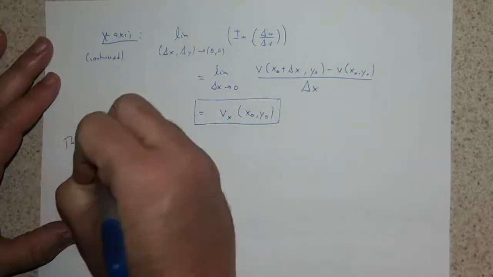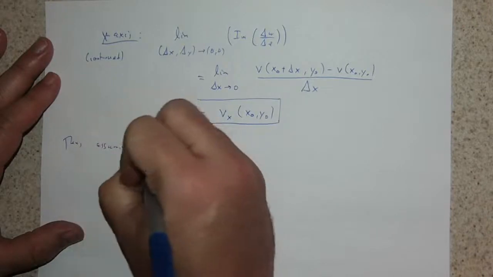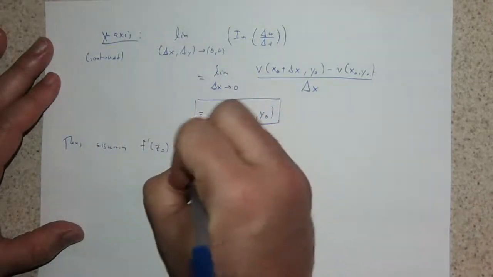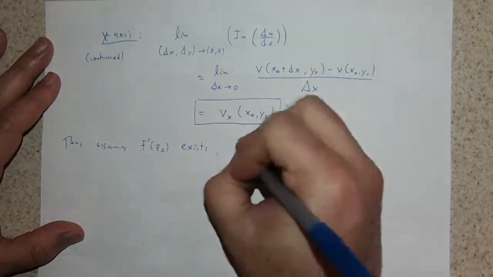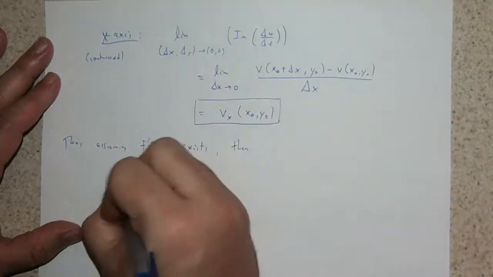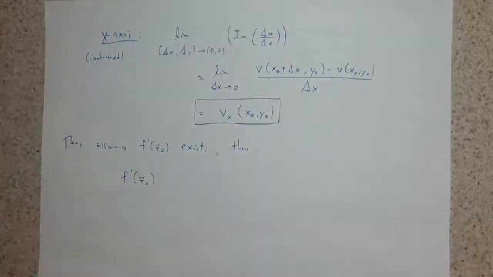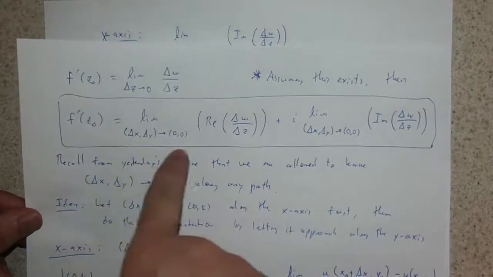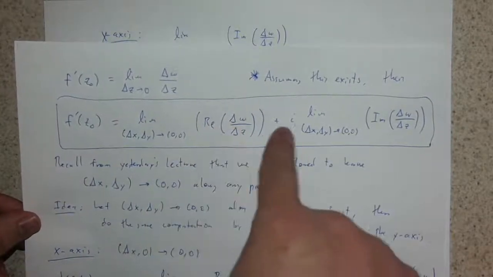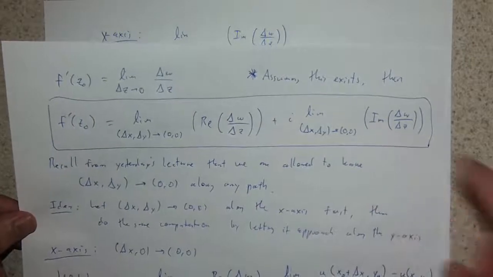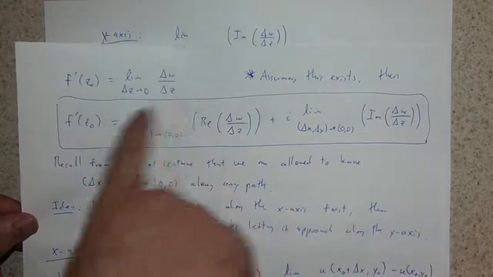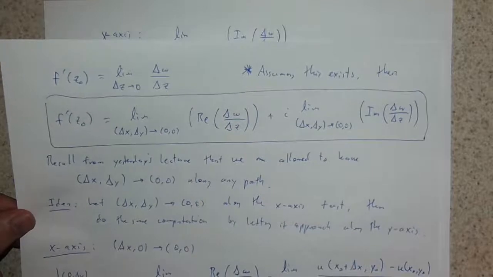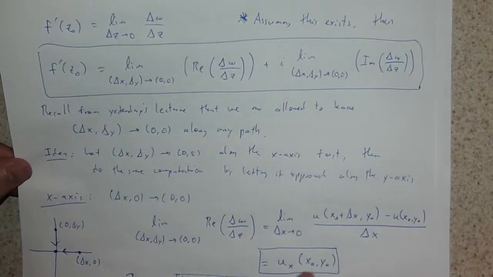Thus, assuming f prime of z naught exists, then f prime of z naught, we saw, is, where did I put it, yeah, there we go. f prime of z naught is the limit as (delta x, delta y) approaches (0, 0) of this real part of this difference quotient plus i times this limit of the imaginary part of this difference quotient. But we saw that this limit of the real part of the difference quotient is actually the x partial of u at the point (x naught, y naught).